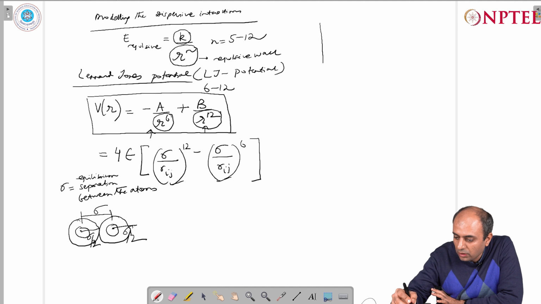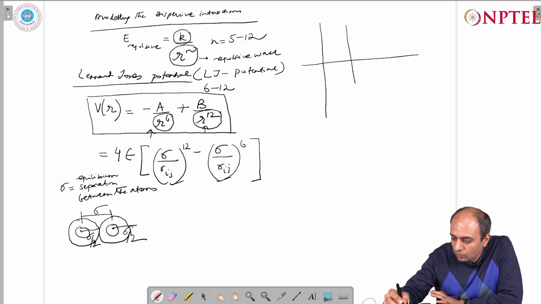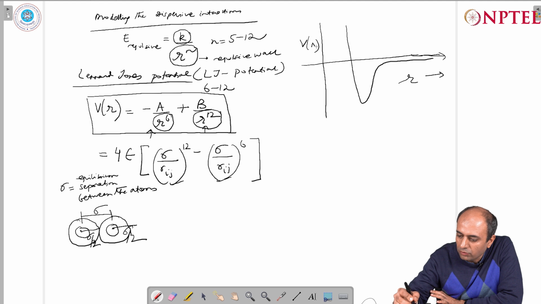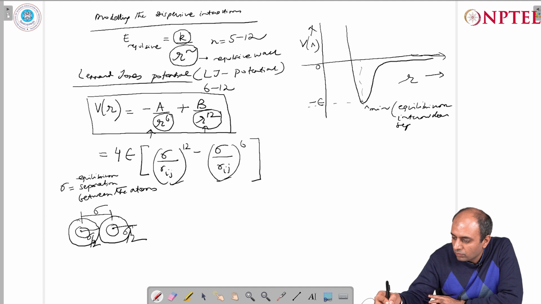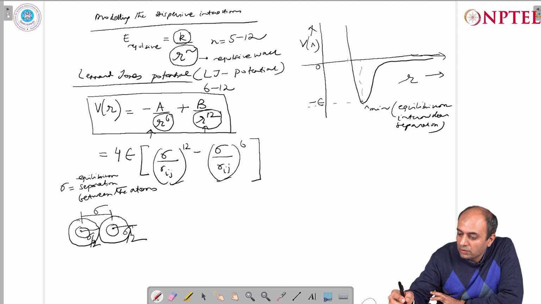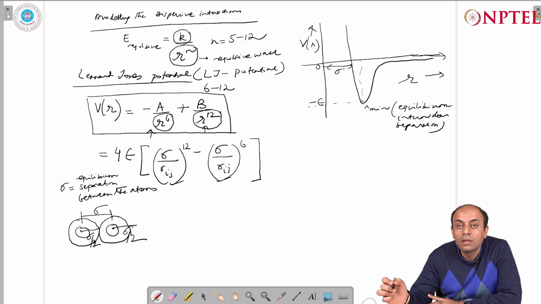And if you were to see how this looks, this is as a function of r, this is the potential energy, this is the 0, this is essentially minus epsilon, this is r min, which corresponds to the equilibrium internuclear separation, and this is sigma.